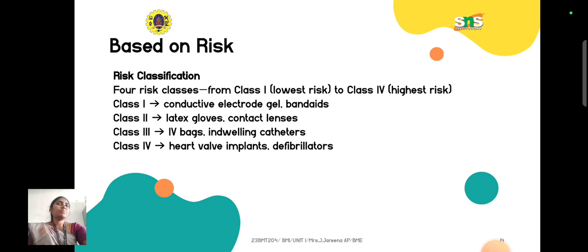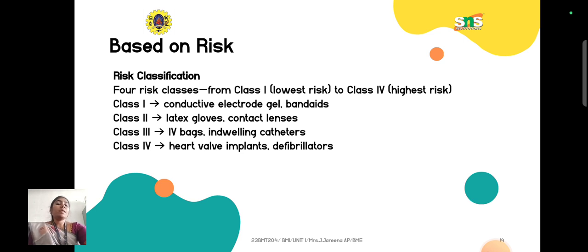If it has the least impact on the patient, then it is moderate risk. If there is no impact or risk on the patient, then it is low risk. So based on the impact of the device's malfunction on the patient, we have these different types of classification. I think you might have got it now, how the classification is made from class 1 to class 4 based on risk.